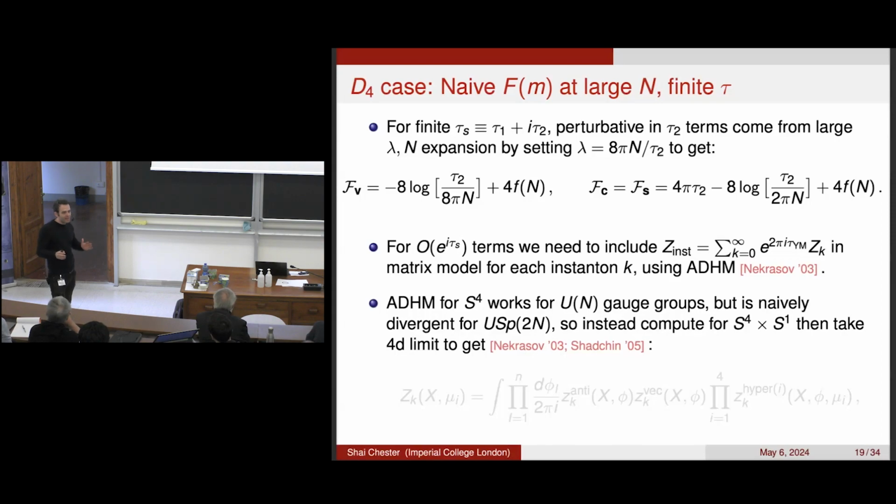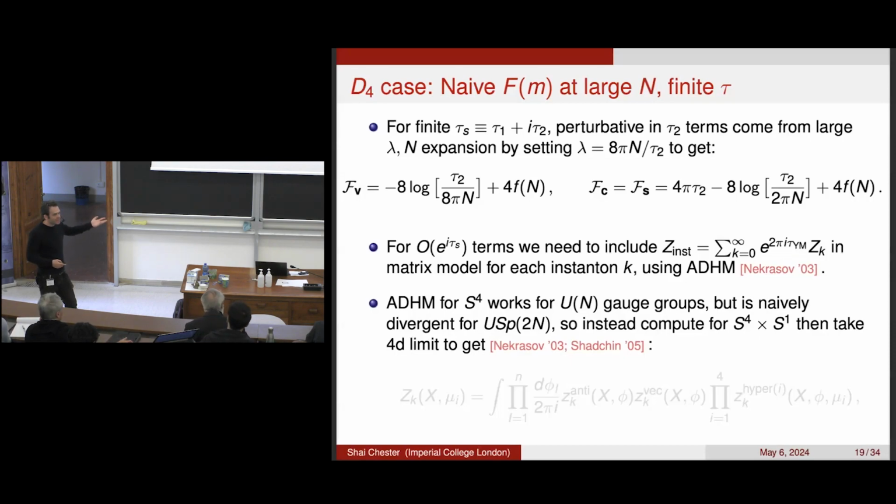The reason they did that is they wanted to avoid some divergences that showed up if you tried computing the Z instanton directly in 4 dimensions. So they considered the answer in 5 dimensions, and then they take the limit where this S1 becomes really small to then recover the Z instanton just in 4 dimensions.